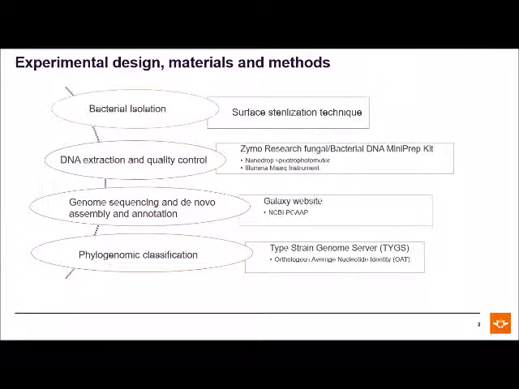The genome sequencing as well as the de novo assembly, followed by the annotation, was done on the Galaxy web platform. And it was later classified using phylogenomic classification using the type strain genome server and OAT.